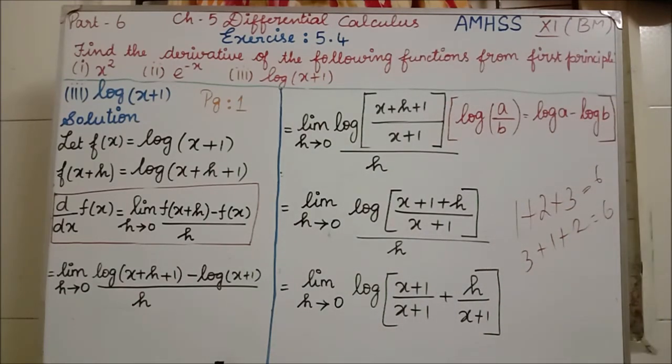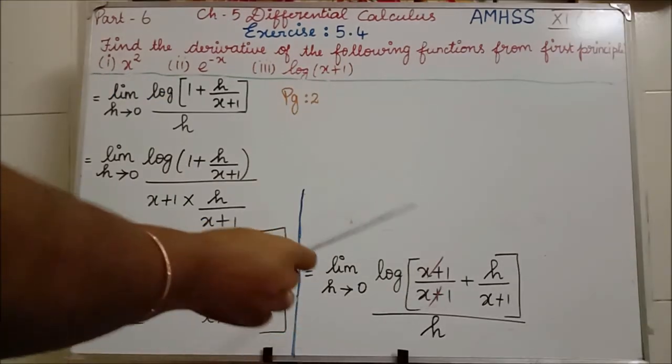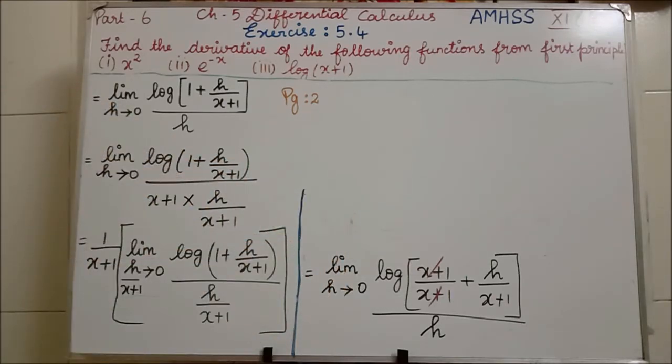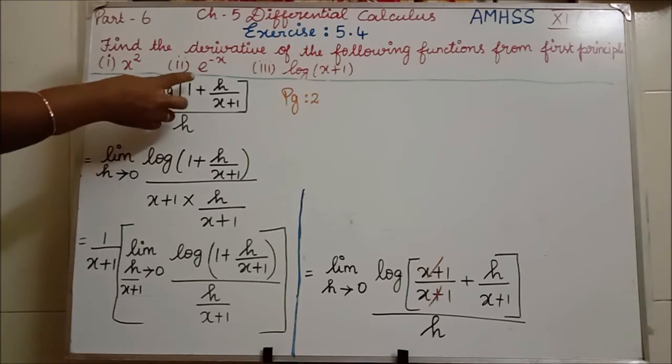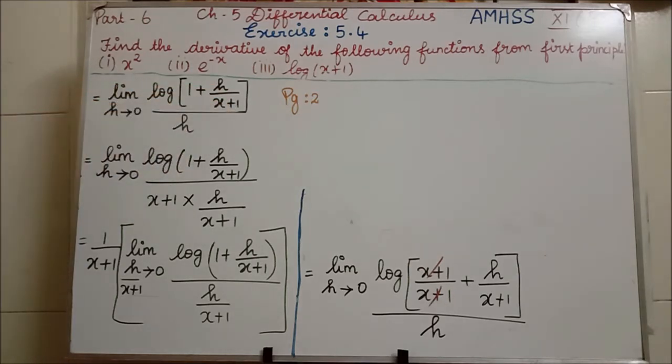Clear now? After this step, now we'll see. This is the last step we have written, isn't it? See, x+1 and x+1 will get cancelled. The next step, what will it become? It will become 1. So limit h tends to 0, log of (1 plus h divided by x+1), divided by h, we have written.